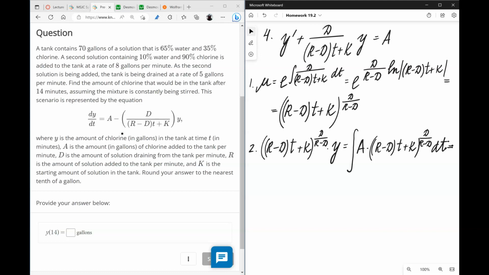Now we can take out a, we can take out the r minus d coefficient.